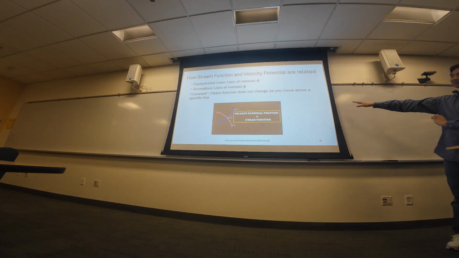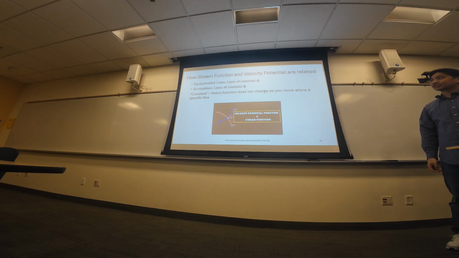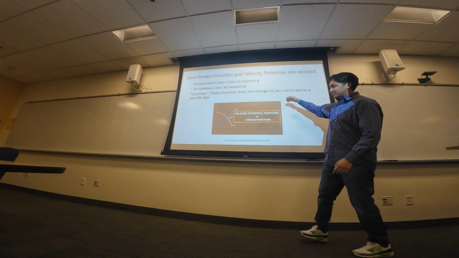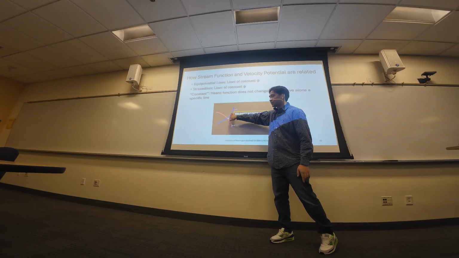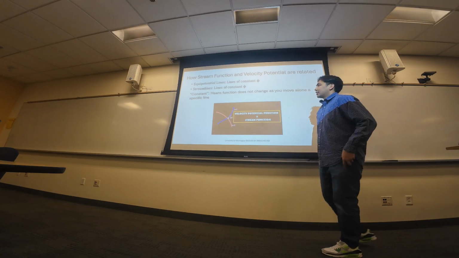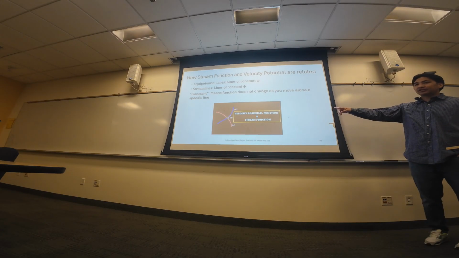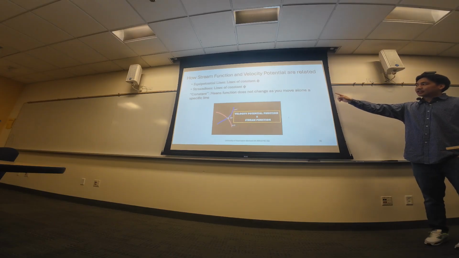So I just have this in my slides. It means your function does not change as you move along a specific line, like a streamline. So in your field of vectors, if there's a bunch of streamlines like this and you're trying to find the velocity vector tangent to that streamline, your function, either phi or psi, is not changing.